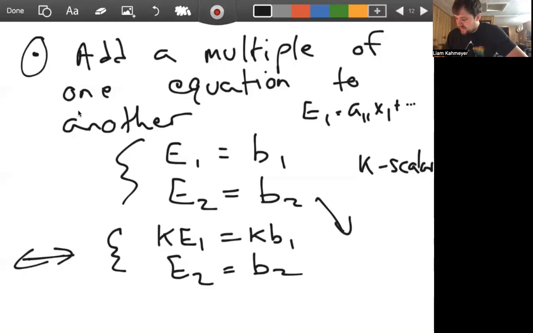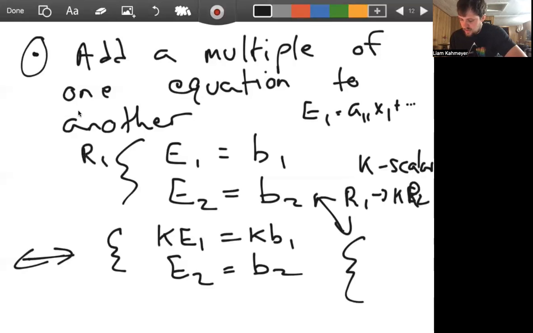Another system that's equivalent is to add a multiple of one row to another equation. So for example, this would be equivalent to the system where we replace row 1 by k times row 2 plus row 1. If this would be the first row and this would be the second row, then we're going to replace this first equation with k times the second row plus row 1.